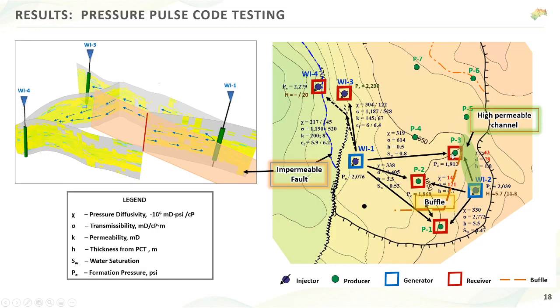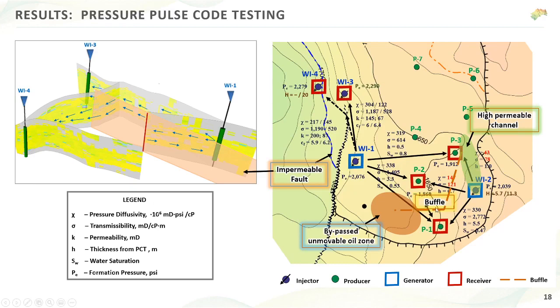So now, as we know a bit more about our reservoir, we can see that the idea of placing an additional producer in this zone is actually quite nice, because we don't have that much injection here. Some part of injection in these 2 wells is cut from this area by this impermeable fault.